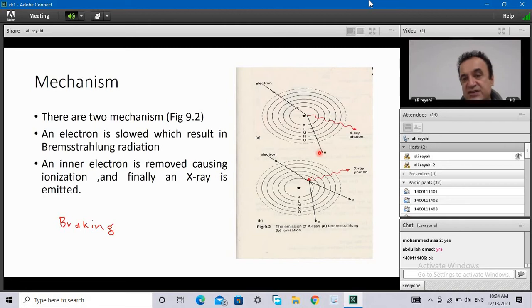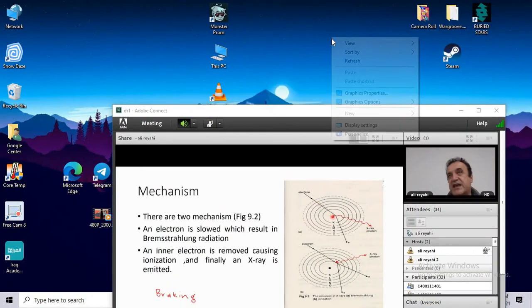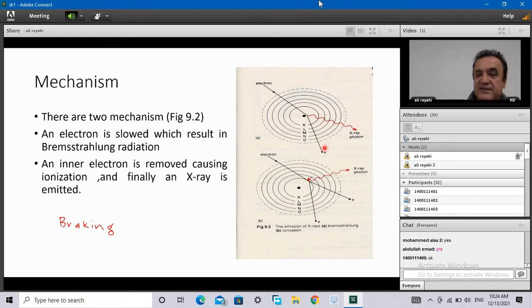Electrons change their direction. Why? Because the electron is negative and the nucleus is positive. And the difference of energy before the slowing down and after slowing down will be transferred to the X-ray.